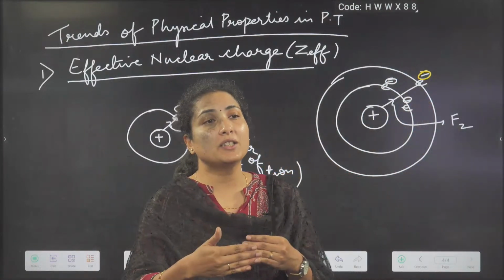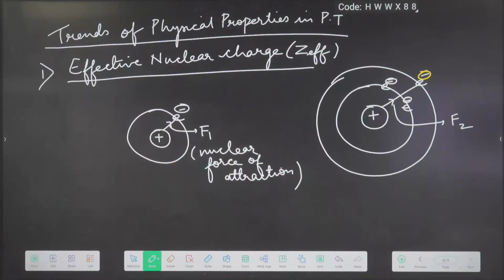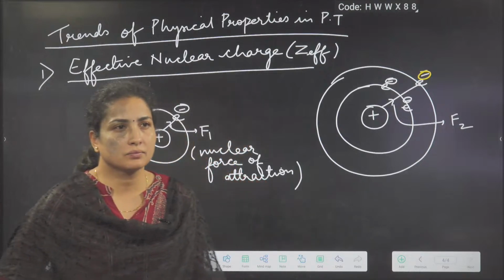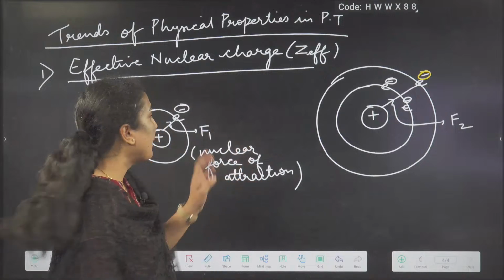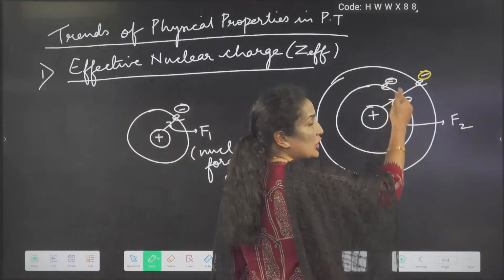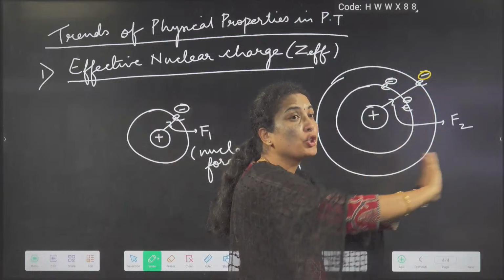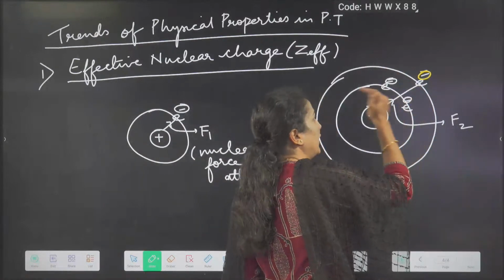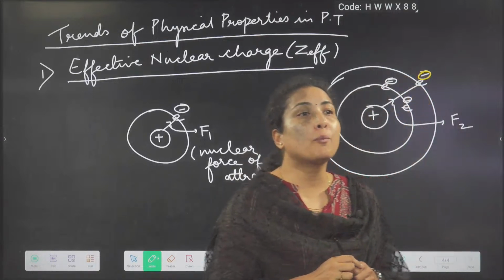Like charges repel each other or attract each other? They repel each other. So what will happen? These inner shell electrons are going to repel the outer shell electron. So are they pushing it away or not? These inner shell electrons are pushing the outer electron away.